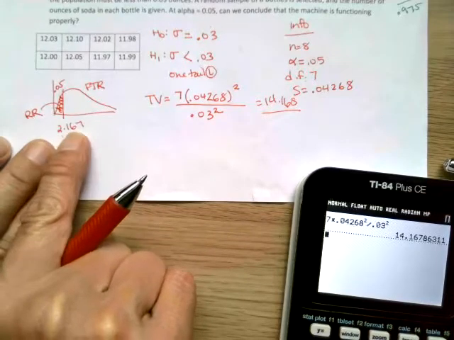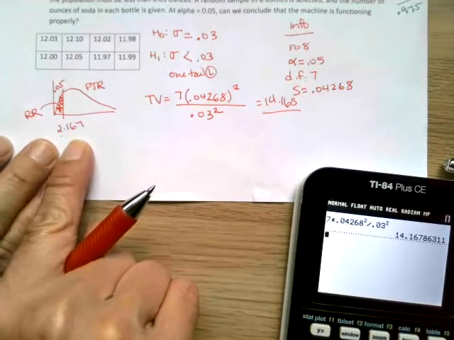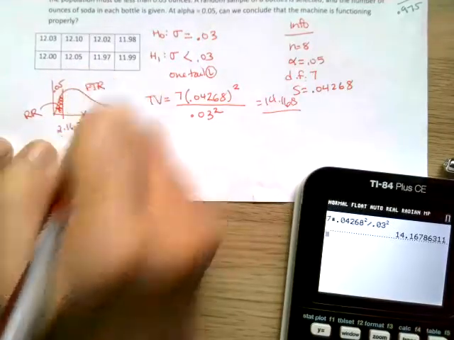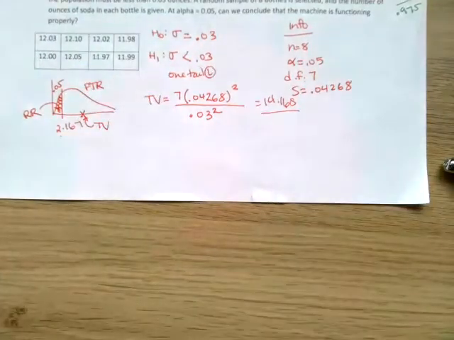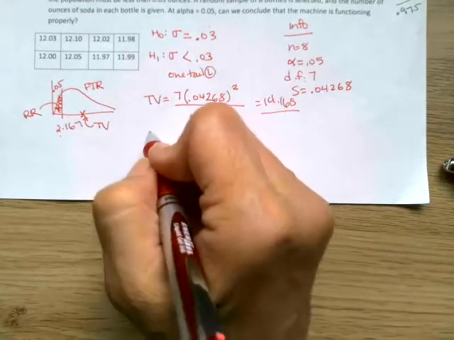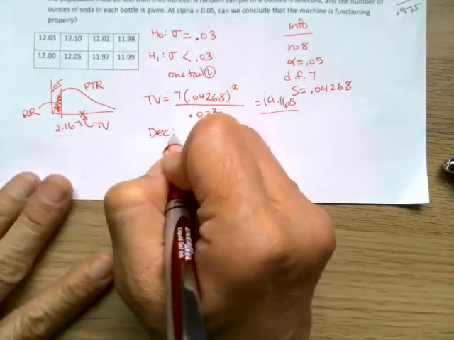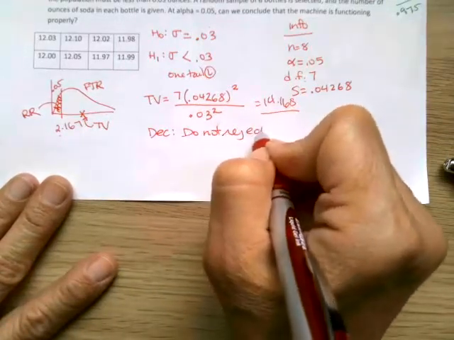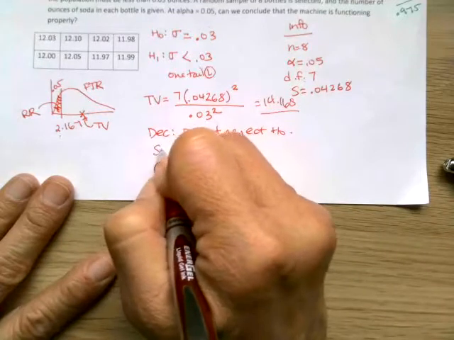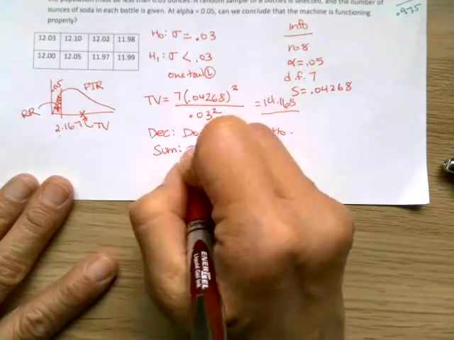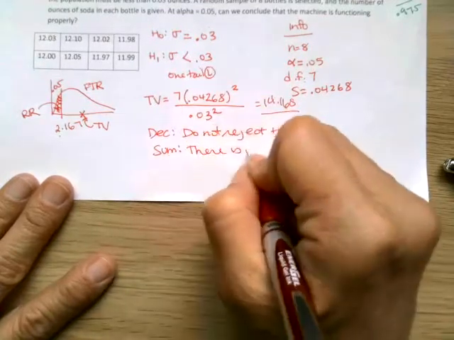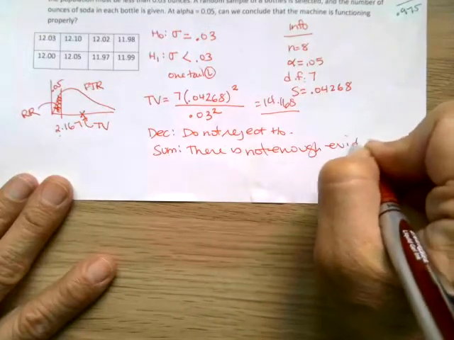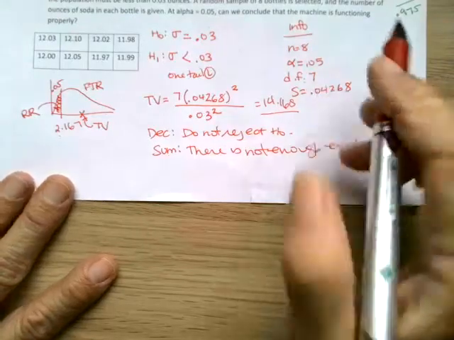So where does that live on my chi-square distribution? Well, it's greater than 2.167. So my test value is over in the do not reject region. So that's what decision I'll make. So my decision will be not to reject the null hypothesis. And then our summary, our conclusion, there is not enough evidence. Oh, I didn't say what my claim was, so let's think about that.